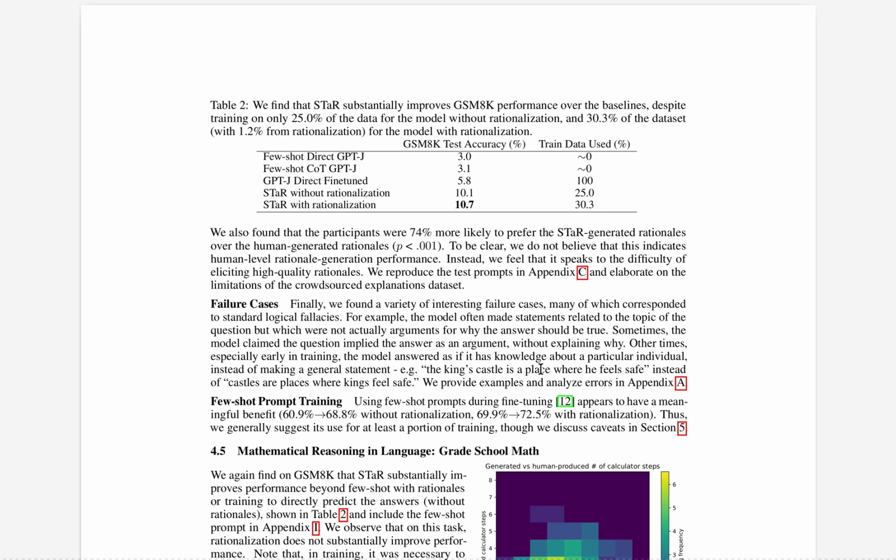Other times, especially early in training, the model answered as if it had knowledge about a particular individual, instead of making a general statement, e.g., "the king's castle is a place where he feels safe" instead of "castles are places where kings feel safe." We provide examples and analyze error in Appendix A.